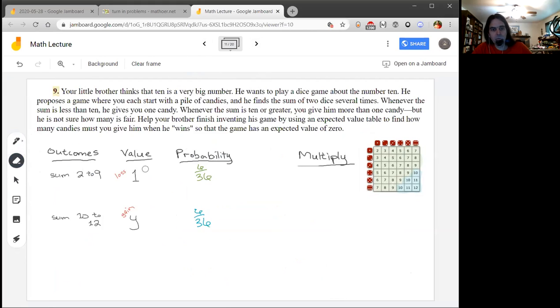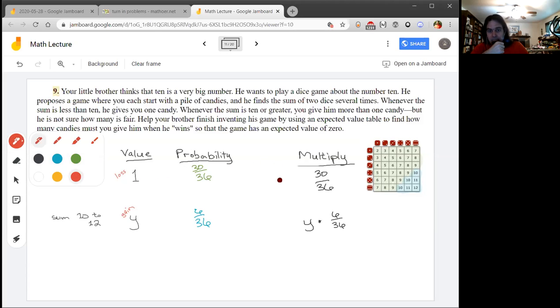The other one is 30 over 36. So this one is 1 times 30 over 36. And this one is y times 6 over 36, because I multiply across. And as before, this is the loss, and that's the gain, so we have to set them equal so that overall no candy flows too much.